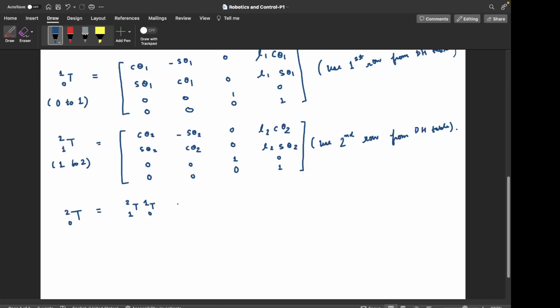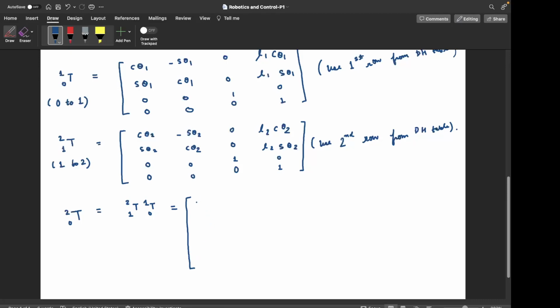So now we will start doing the matrix multiplication. So finally what we get on multiplying is this matrix, right?